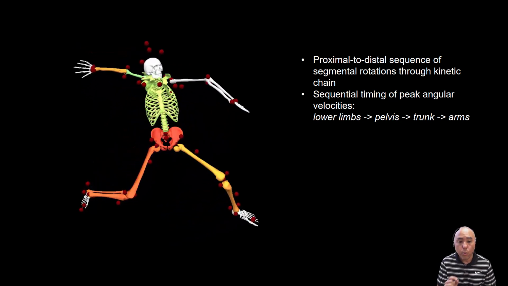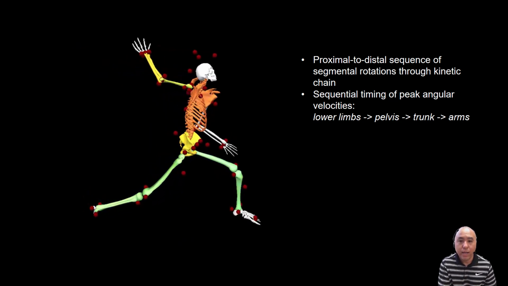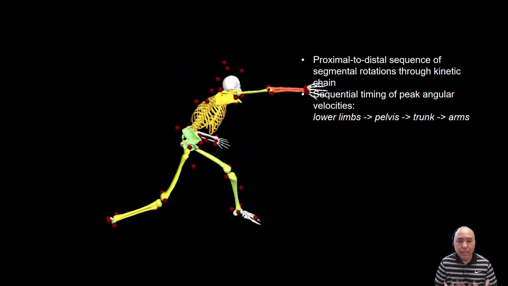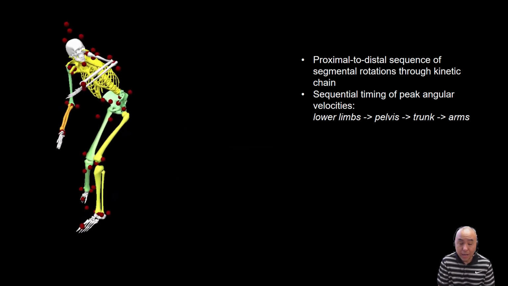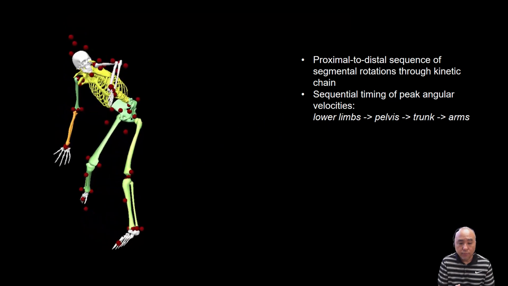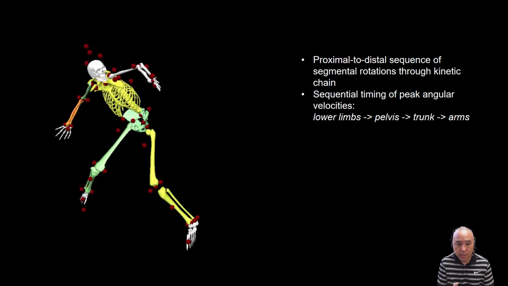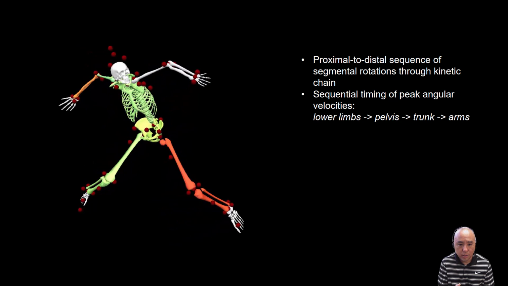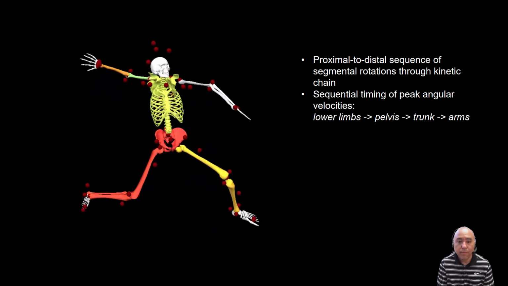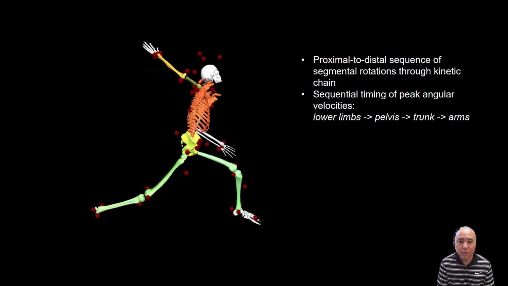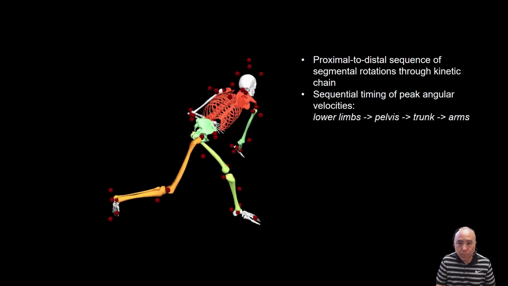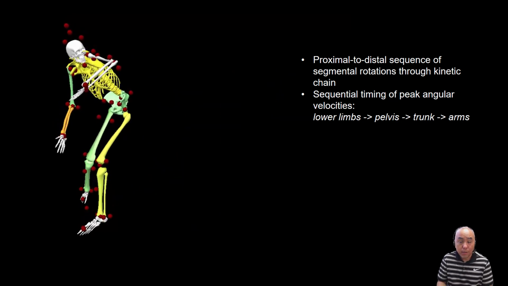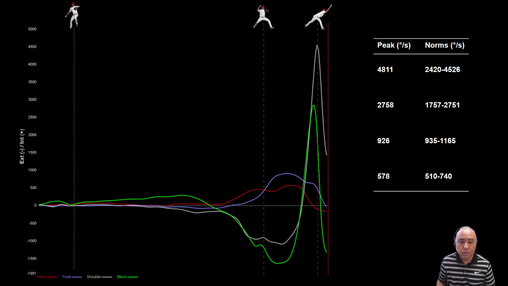So when the segment turns red, as shown here, that indicates that the angular velocity for that particular segment is peaking. And look at the flow of energy, mechanical energy, through the kinetic chain, from the legs to the pelvis to the trunk, and ultimately to the throwing arm. That should equate to a proper kinematic sequence, specifically a proximal to distal kinematic sequence.